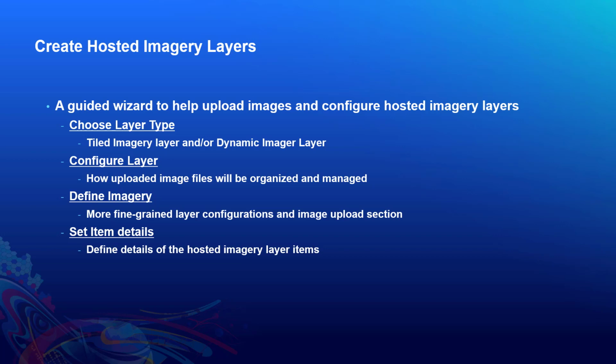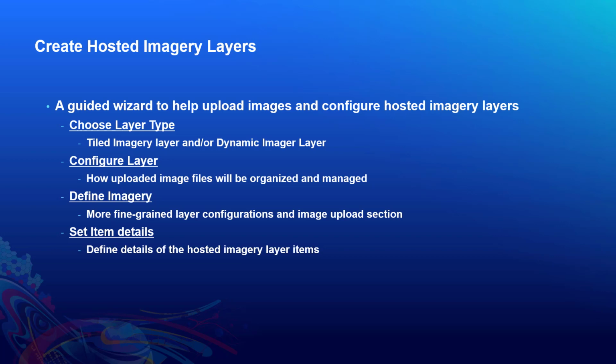Then probably I need to go with the image collection option. Or as an alternative, I just want to mosaic all the uploaded images together and generate a single raster file, and I'm okay to just play with that. In this case, you need to select the one image mosaic option.